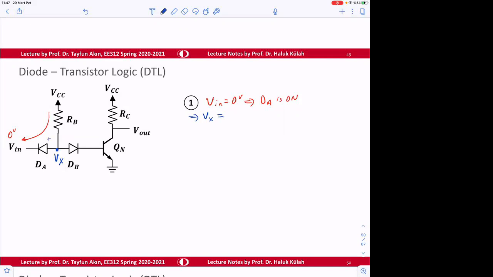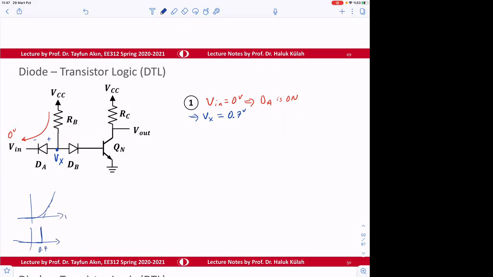What is the Vx voltage? 0.7. Yes, 0.7, because we say that when the diode is on, it's 0.7. So you know that normally a diode is defined like this, but our assumption is that the diode is behaving like this, 0.7, right?